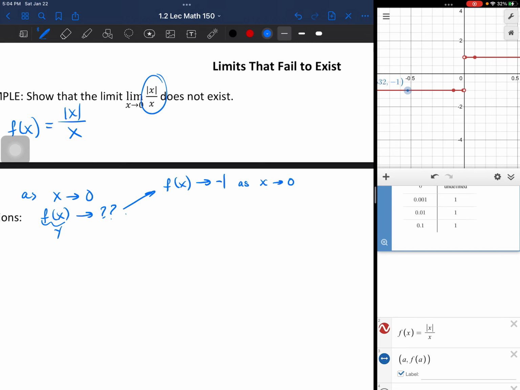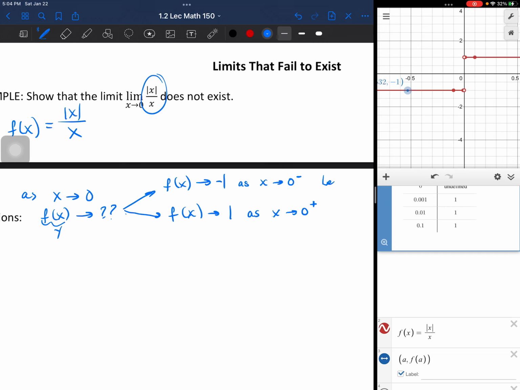We actually have a special notation for approaching from the left side. It looks like a power, but it's just a minus. It's a special notation in calculus that tells us we are approaching from the left side. And then f of x is approaching +1 as x approaches 0 from the positive side, from the right side.